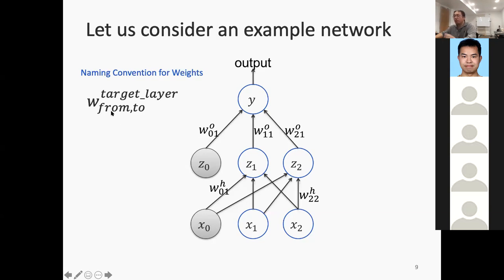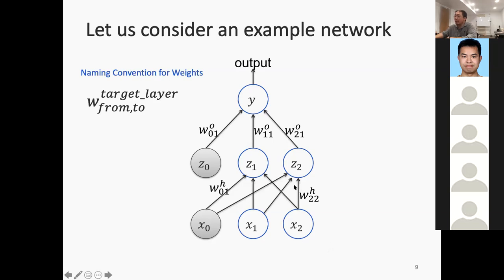In the superscript, we use the target layer, meaning the layer that the associated edge points to. For this particular weight, the edge connects to the output layer, so the superscript is O, which represents the output layer.